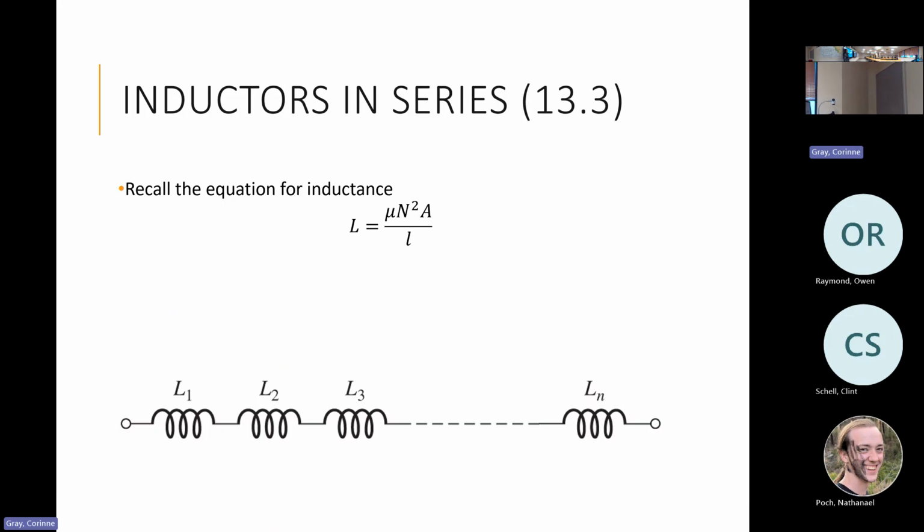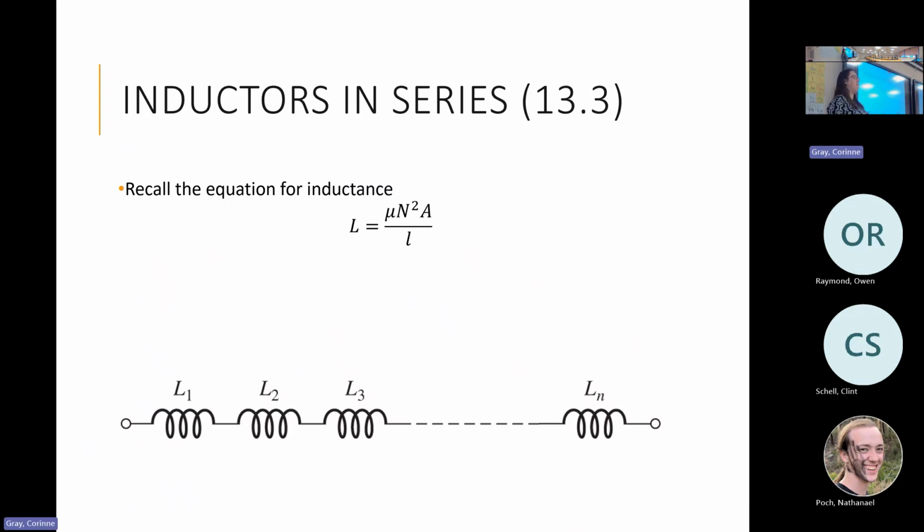I've got mu, so here we're assuming we don't know what type of inductors these are. They can have something in them, they cannot, who cares? I have N squared, I have A, and I have divided by L. If this is ideal, what do we know about these wires? They have no resistance.